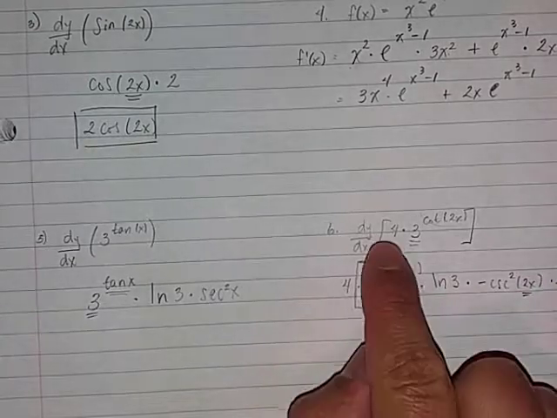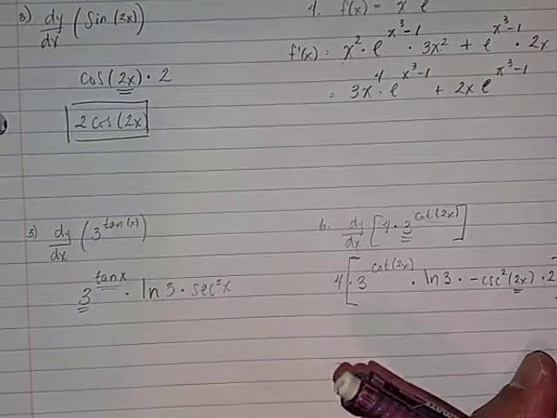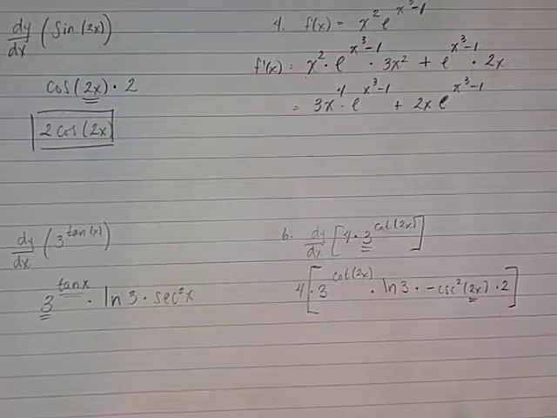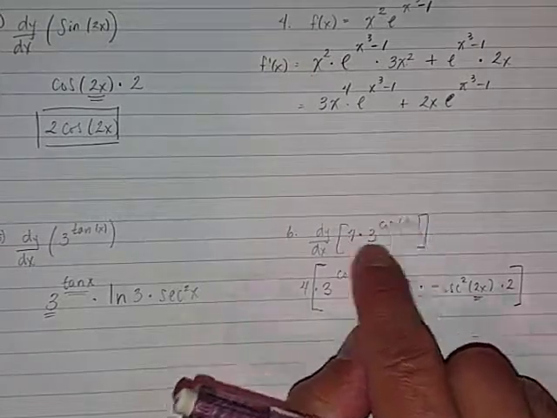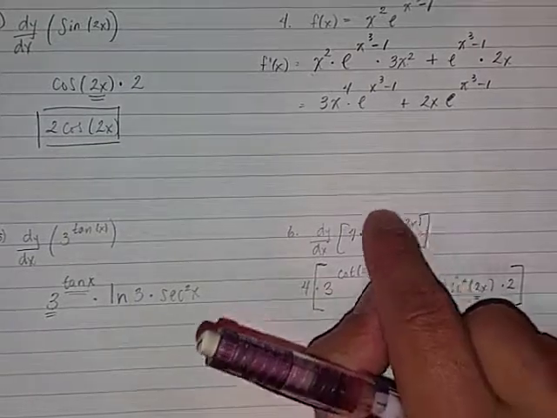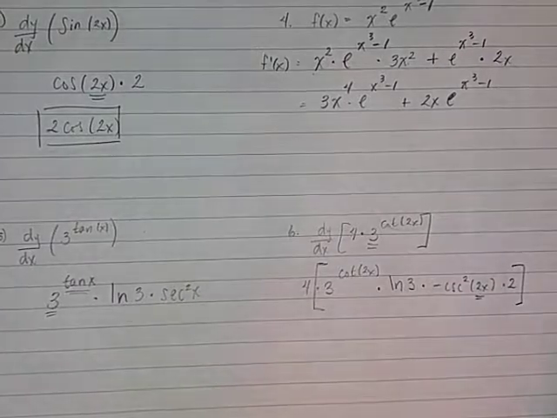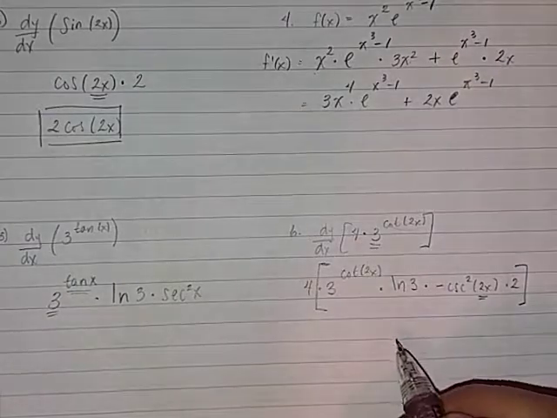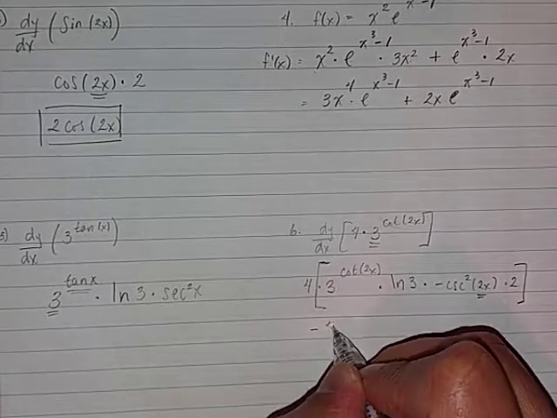So all I did was cover up this multiplier, because it's just multiplying everything that I'm taking the derivative of. Let me give myself some space here. There we go. So cover up the 4 because it's a multiplier. Take the derivative of this one. It's an exponential, so it's the same thing, times ln of 3, times the derivative of the inside, and the derivative of the inside of that. So then this would end up becoming a big old mess here. Negative times 4, I can make that a negative 4.